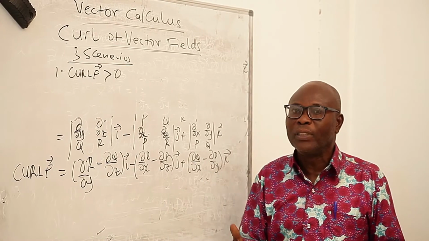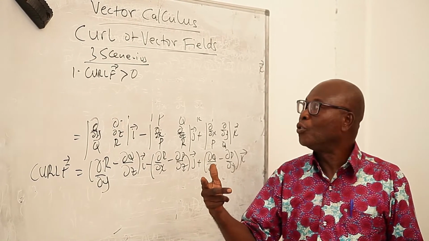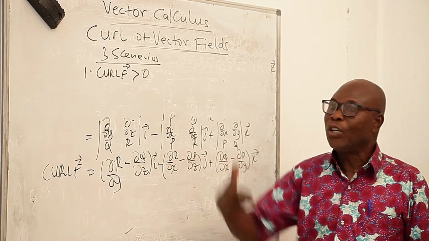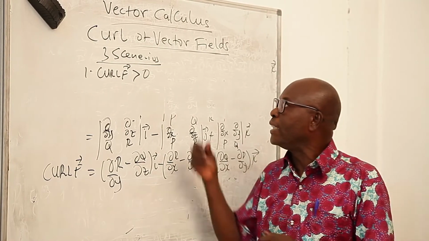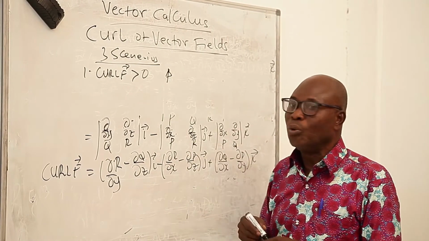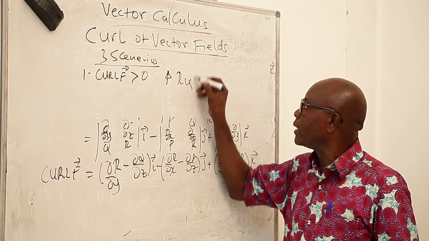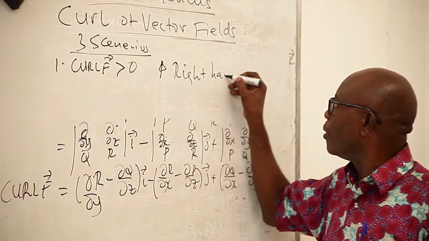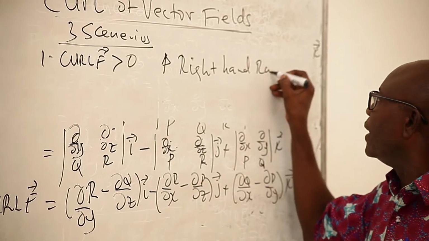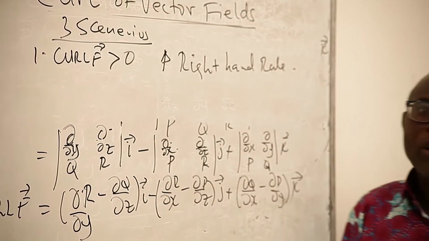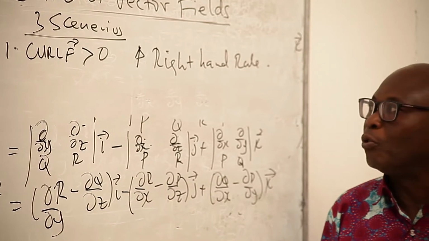That follows the right-hand rule, and the effect goes perpendicular, orthogonal to the vector F. That's the right-hand rule, which we saw earlier when introducing the cross product of two vectors.